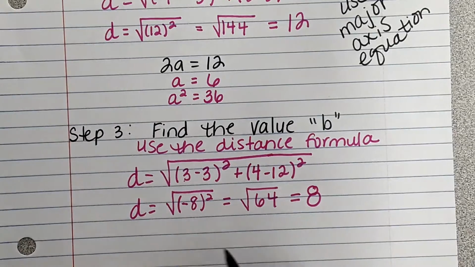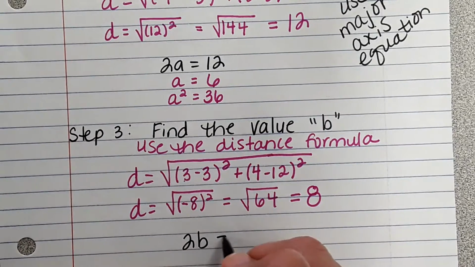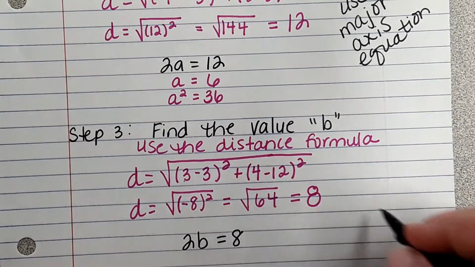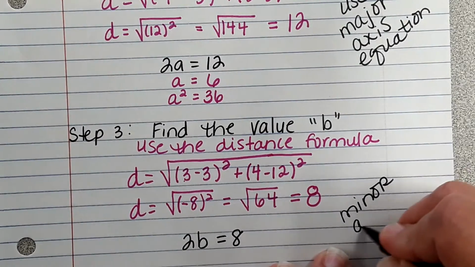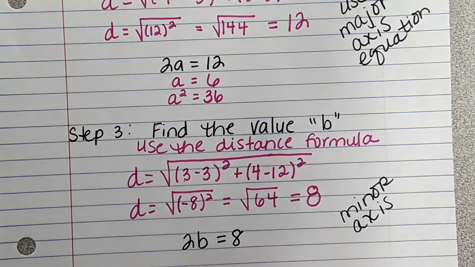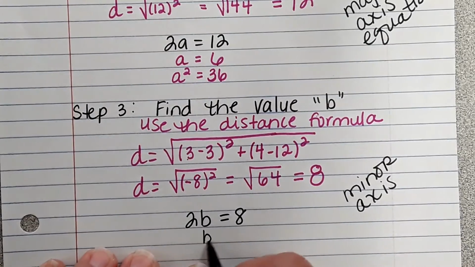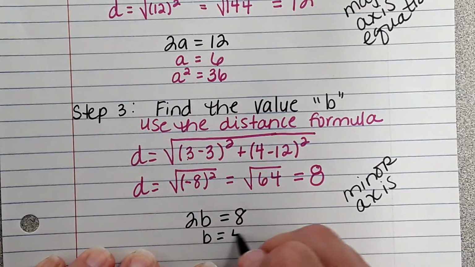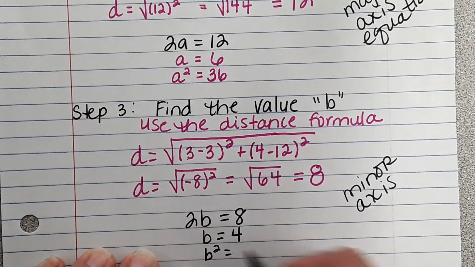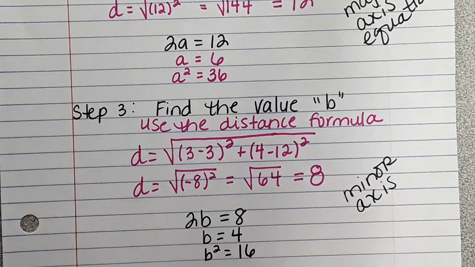Instead of 2a, it's going to be 2b equals 8. So again, we're using the minor axis. And the minor axis is always 2b, the major axis is always 2a. And what is b? 8 divided by 2 is 4. Now, what is b squared? 16. Now we have all the information we need in order to write this equation.